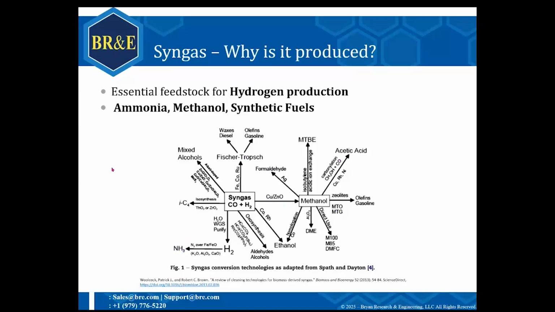Ammonia produced from the nitrogen and hydrogen in syngas is essential for fertilizer production, which supports agricultural productivity. Similarly, methanol derived from syngas is crucial for manufacturing formaldehyde and also plastics and adhesives. And all this drives the syngas demand even further.